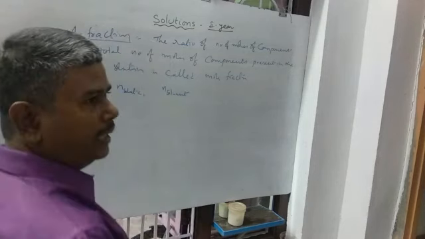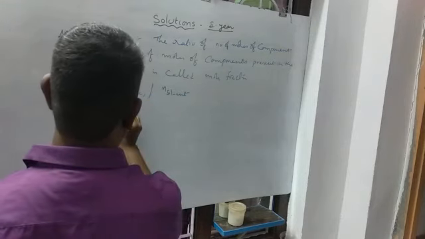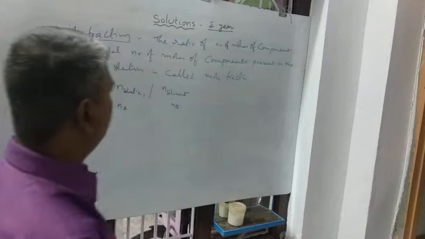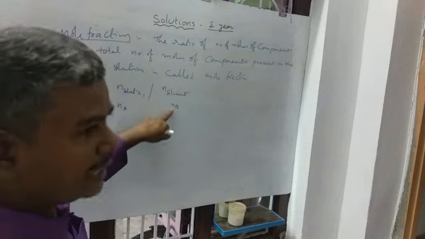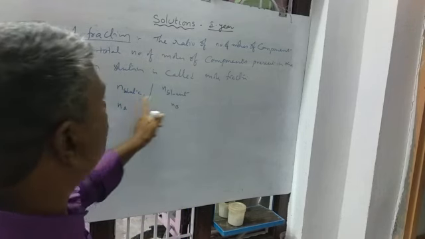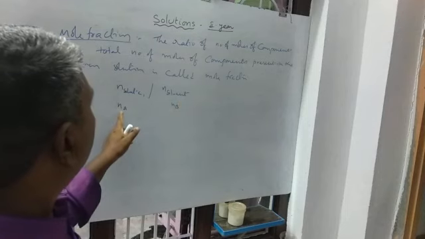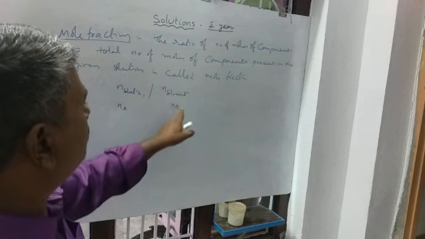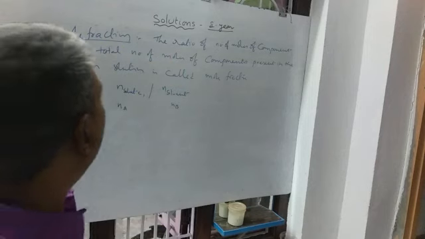For our convenience, the moles of solute are represented as Na, and the moles of solvent are represented as Nb. Clear? That means here two components are there, solute and solvent. It is a binary solution. So solute moles are equal to Na, and solvent moles are equal to Nb.